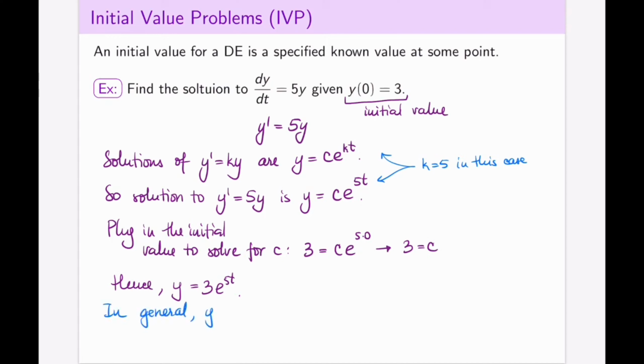In general, y of 0 is what we call y naught, the starting value, and the solution can be written as y equals y naught e to the power kt. So instead of writing this c down, if I have the value at 0, that is simply the constant in front of my equation.